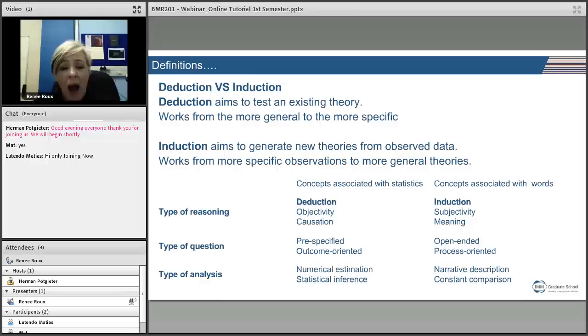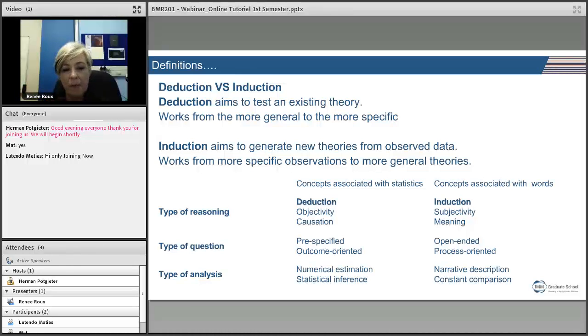So I have a theory that the reason why I get such a bad service quality rating is the fact that we had serious internet problems over the last 3 or 4 months, and I have a theory that that had an impact on my service quality measurement and rating. So deduction aims to test that theory.